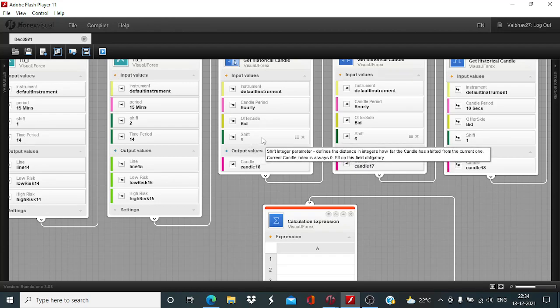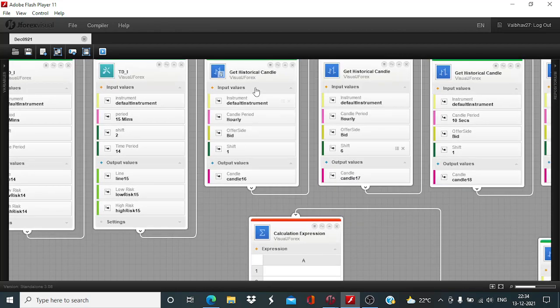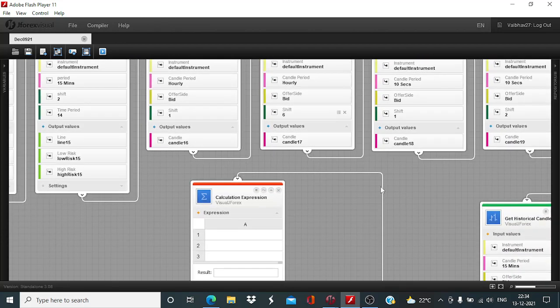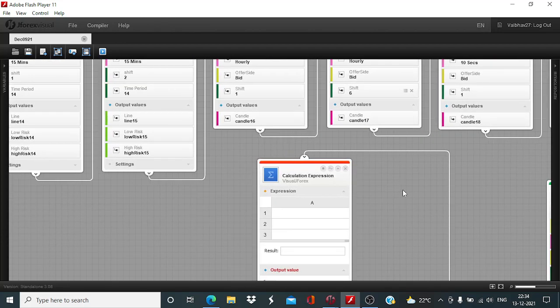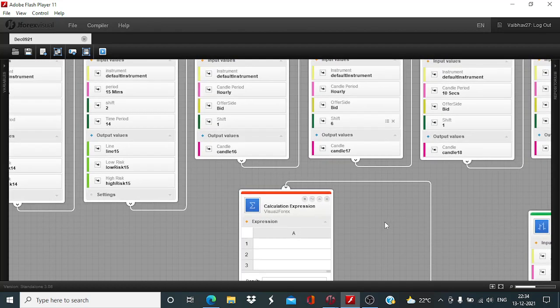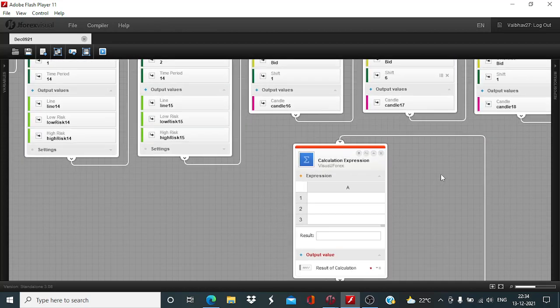It has a shift value of 1. So this is the last hour's price data, and we need the last hour's high to be higher, not more than 15 pips from candle 17 candle high.